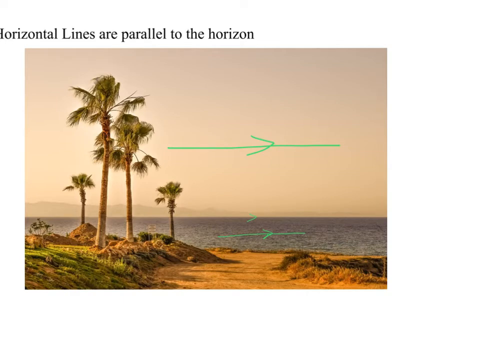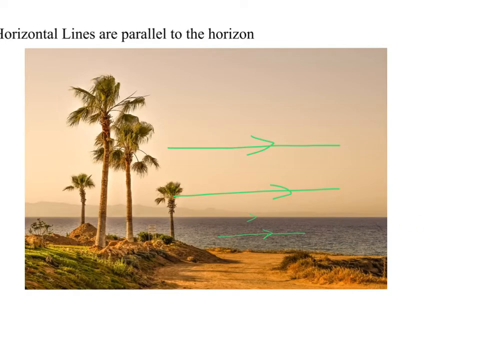And finally, we'll draw one more line here, which is again parallel to the horizon. In fact, all of these lines are parallel to each other because they're all going in the same direction and none of them will ever meet.